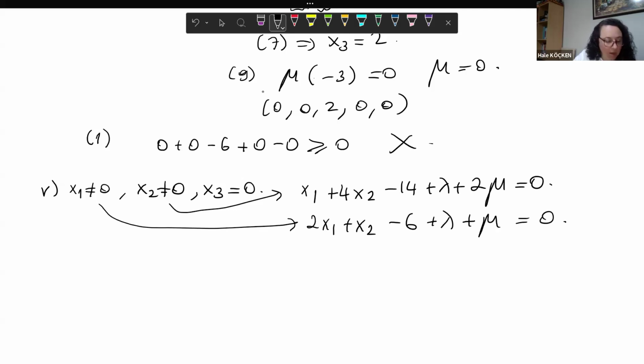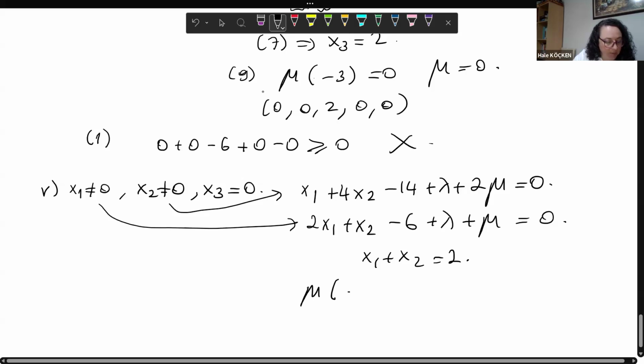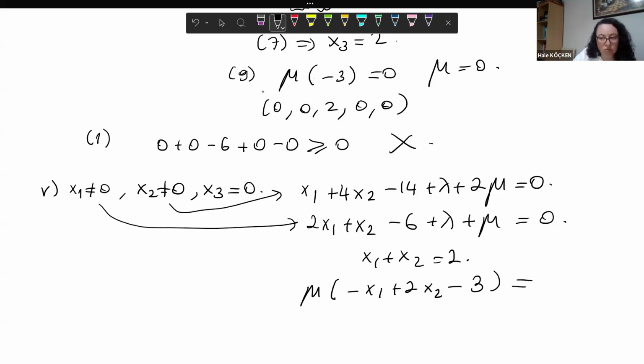Yes. 5. Okay, just consider the equalities. x1 plus x2 is 2. And mu times minus x1 plus 2x2 minus 3 is equal to 0. As you see, I write the updated equalities. These are the updated equalities, okay?